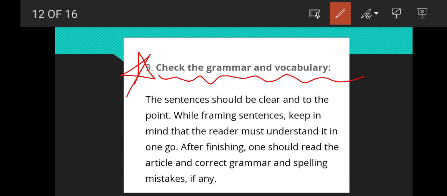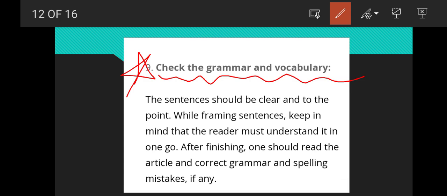Omit the grammatical mistakes, spelling mistakes and vocabulary mistakes. Please, I am saying that you have to create an advanced vocabulary in your mind to explore things more thoroughly. While framing sentences, keep in mind that the reader must understand it in one go.